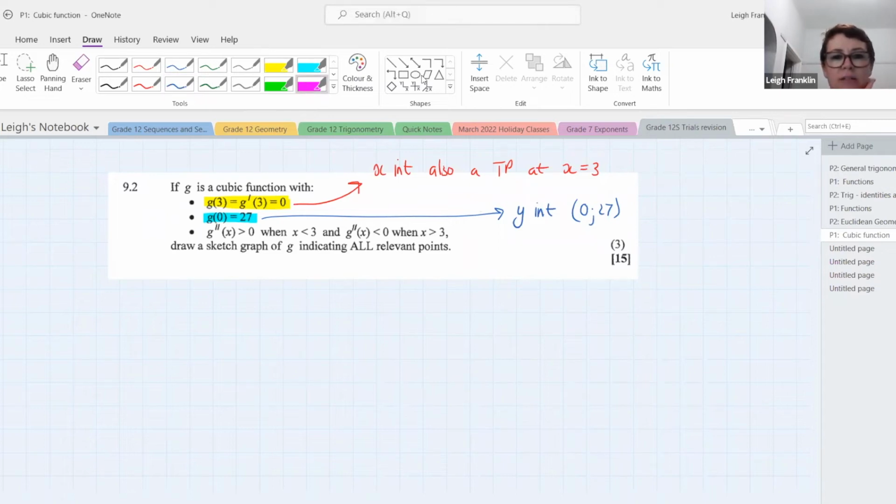So they tell us g double prime x greater than 0. What does that mean?